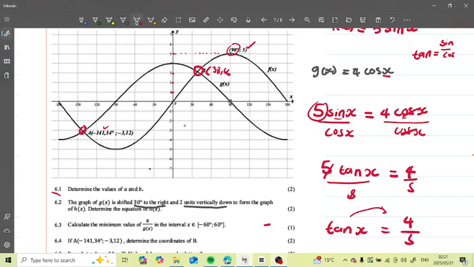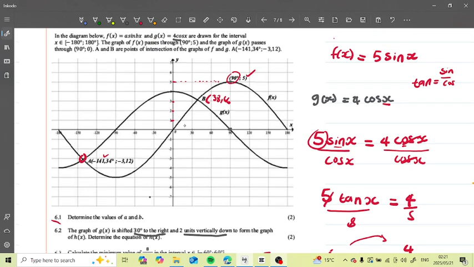Now, how would I find the corresponding y value? This B is present in both graphs. It's present in your sine graph. It's also present in your cos graph. So you can just substitute it in one of these equations to find your value of y.